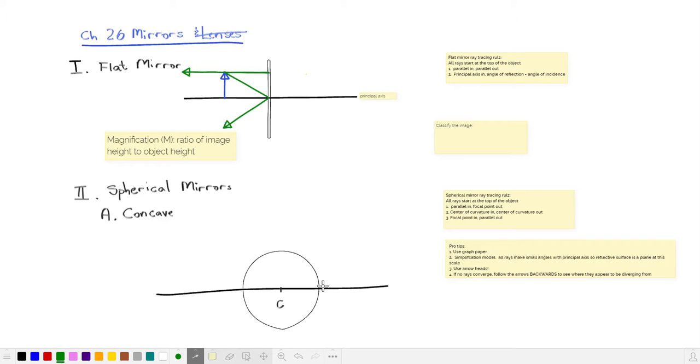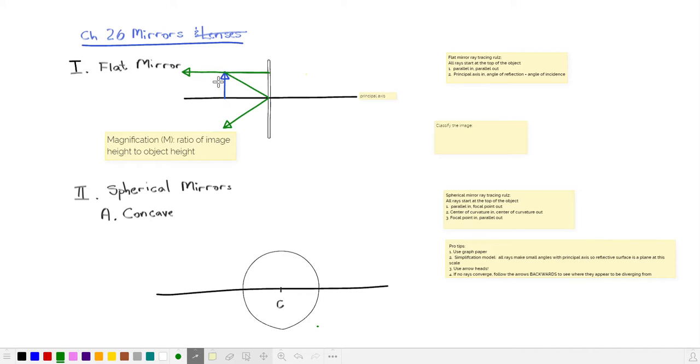Now I'm going to be using curved lines just to help visualize what's happening, but if you want a high degree of accuracy, I recommend using this simplification model where you just do your graph paper and all of your surfaces, whether spherical or flat, are modeled as a flat line, so the y-axis on your graph paper. And also use arrowheads. Here I was trying to be careful to use lines coming in and arrows coming out.